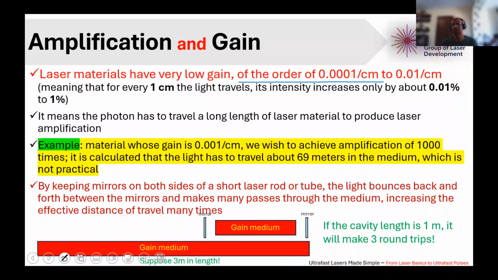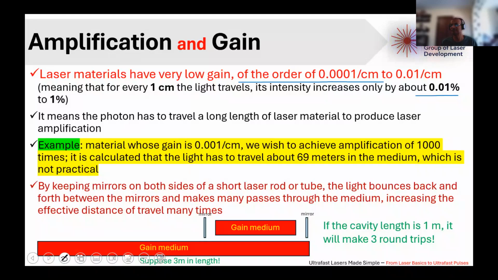So what is the meaning? The meaning is that when the light is traveling for 1 centimeter, the intensity is increasing only about 0.01% to 1%, which is the rare case, usually 0.01%. And this is very, very low gain.